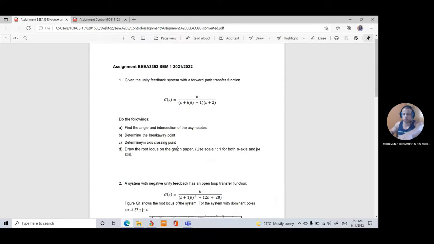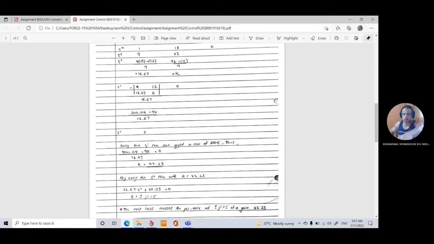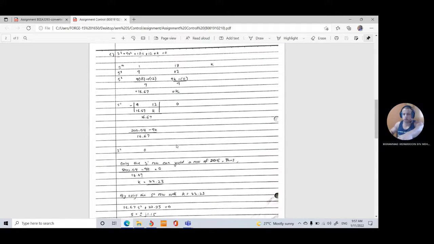Then I determine the omega. Determine axis at crossing points. So by using Routh-Hurwitz criterion, we can find the value for the j omega.